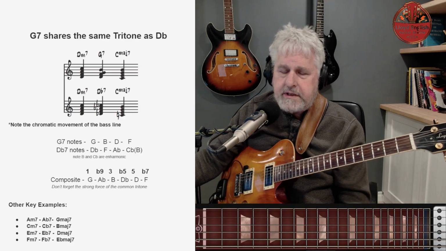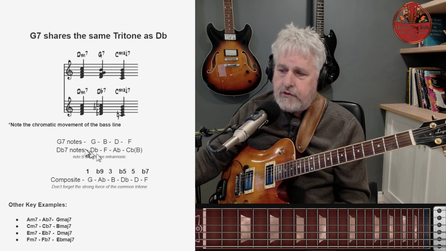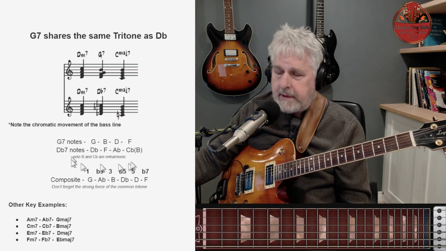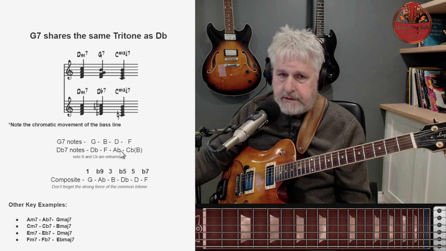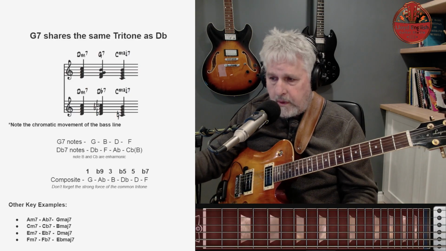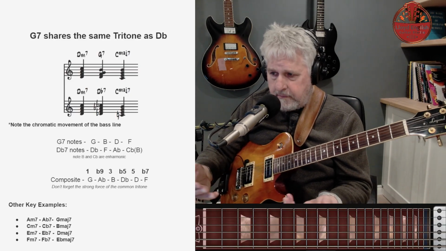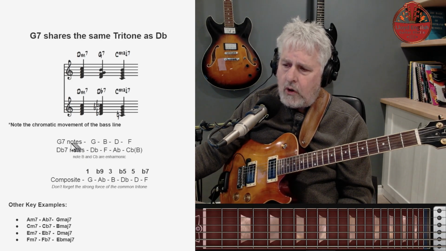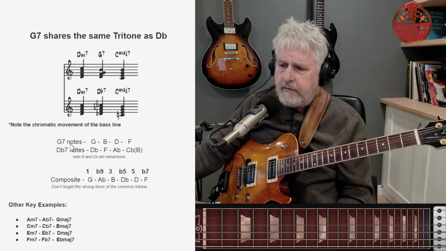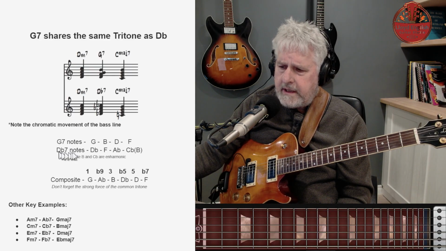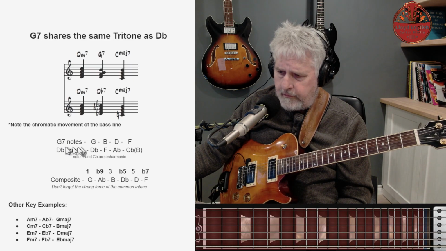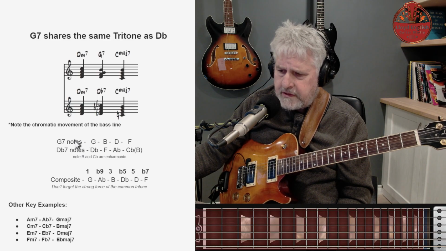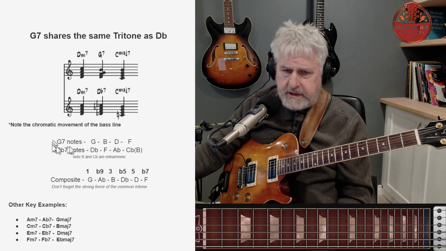So in other words, the D flat 7 chord shares the same tritone as the G7 chord. And because we've discovered that the tritone is the most important notes in a dominant 7 chord or a 5 chord, the same would hold true for this D flat 7 that shares the same tritone with the G7.